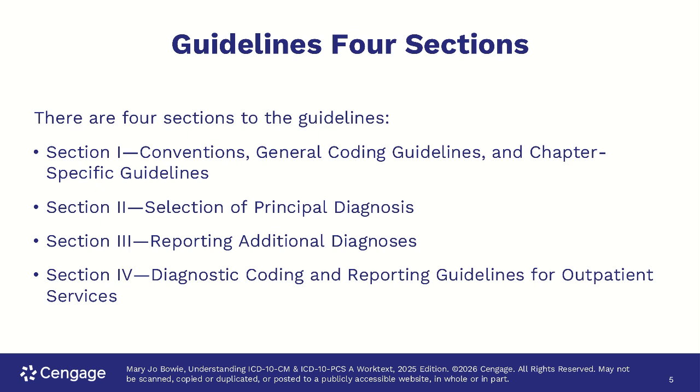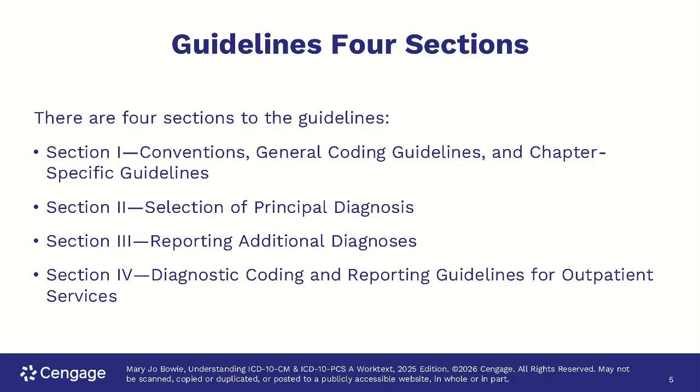When you're coding inpatient, you're going to use sections 1, 2, and 3. The very first thing that should pop in your head is, everybody uses section 1, and you are absolutely correct. So I'll say that again: outpatient, sections 1 and 4; inpatient, 1, 2, and 3.